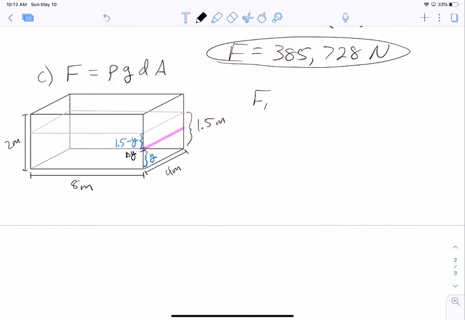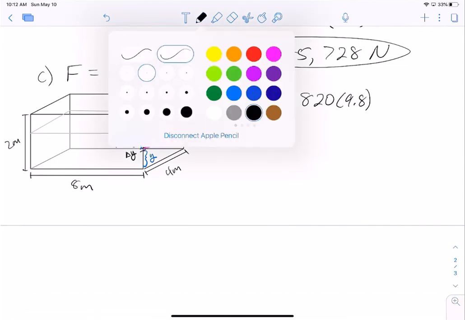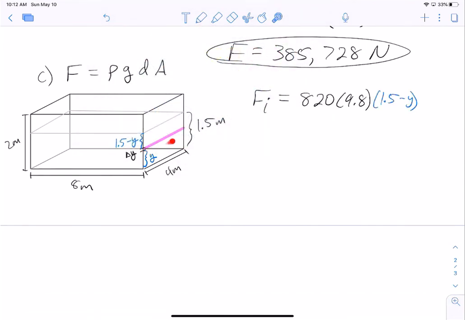So here we can say the incremental force is equal to rho, which is 820, times gravity, 9.8, times the depth. Now the depth is the depth of the pink strip, and that's going to be 1.5 minus y. And then the area of the pink strip. Well, the area of the pink strip is its width, which is delta y, times its length, which is 4.